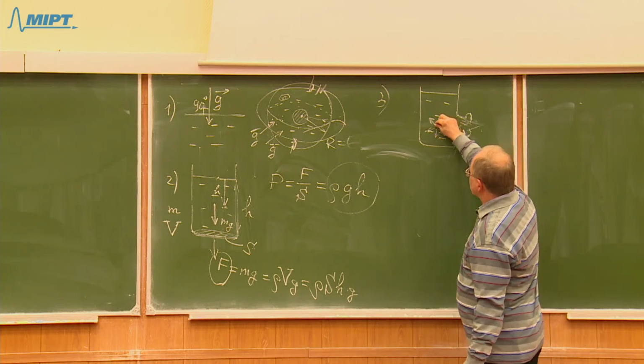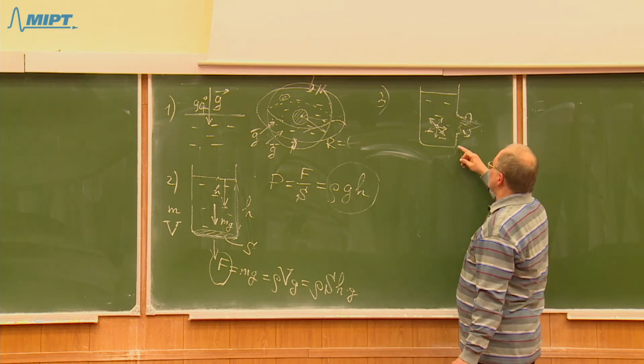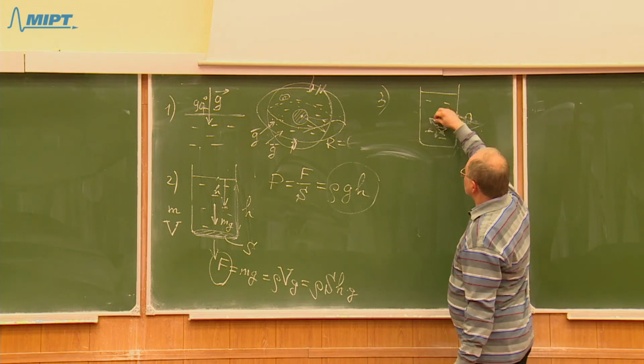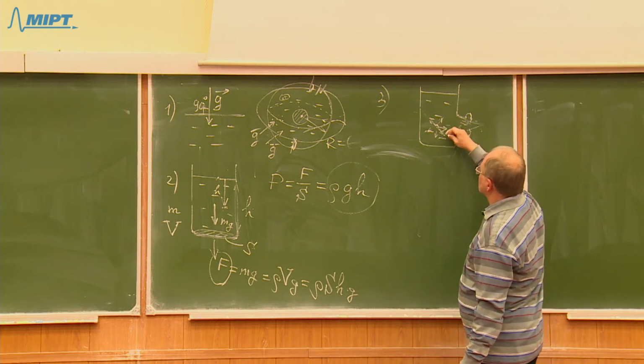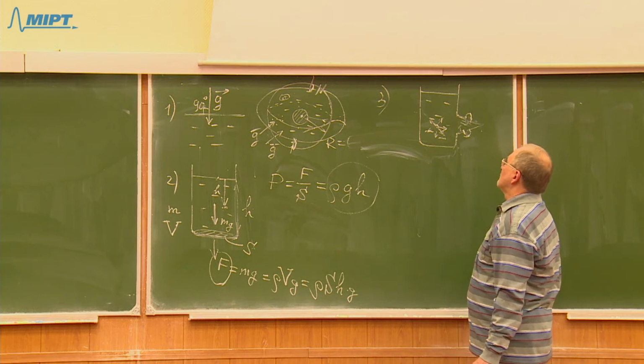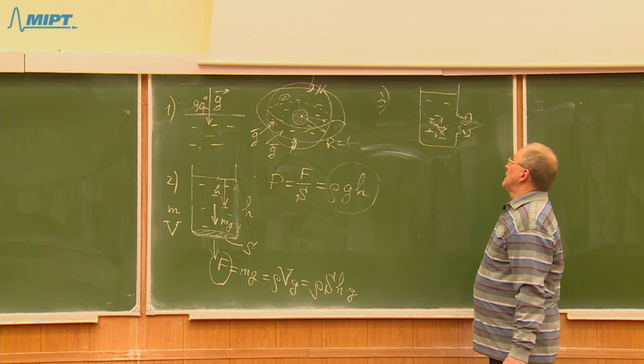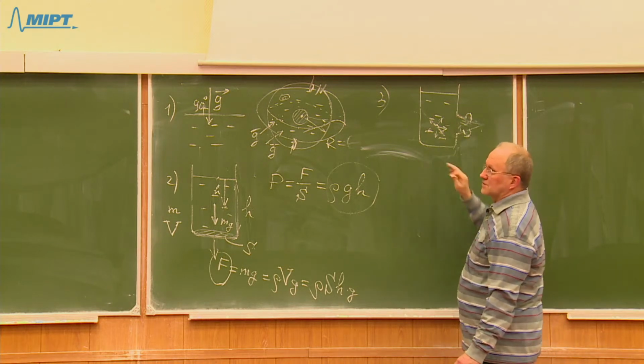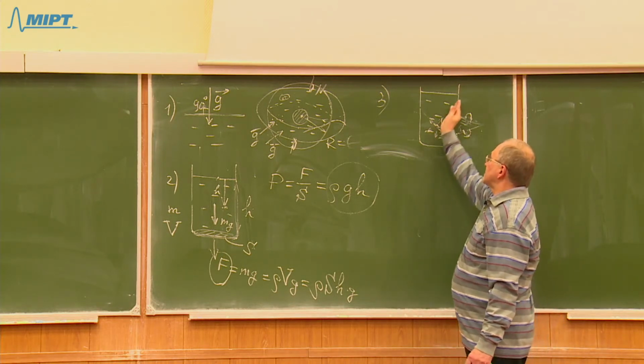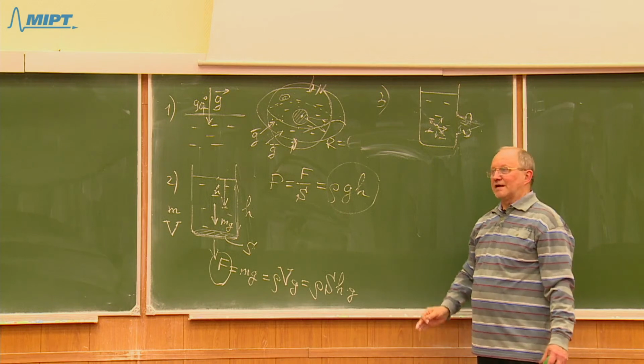So the pressure acting on this small volume of liquid must be directed both in this direction and in the opposite direction, so that these two forces of pressure will balance each other inside the liquid. Whatever direction you choose, this will be correct. The forces acting along any direction will balance each other.